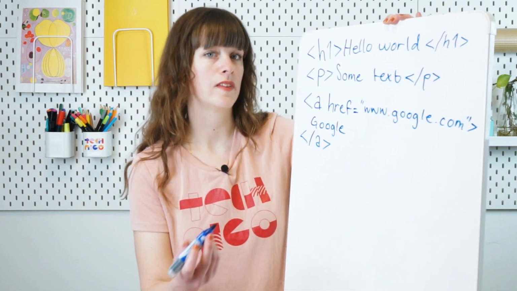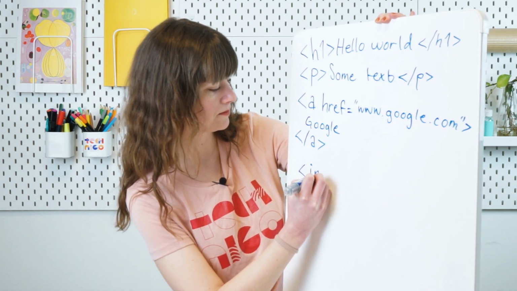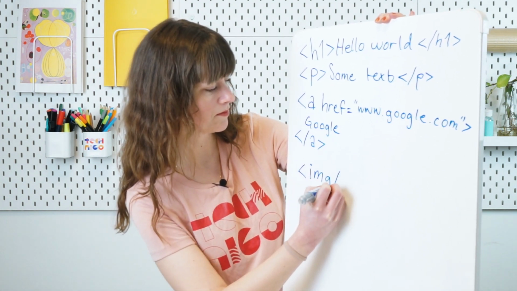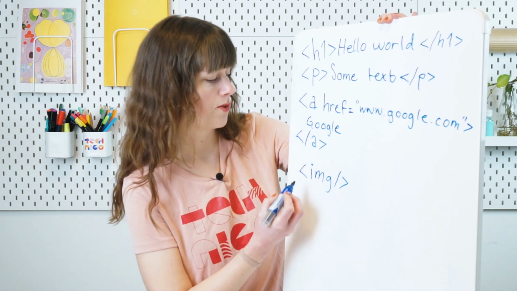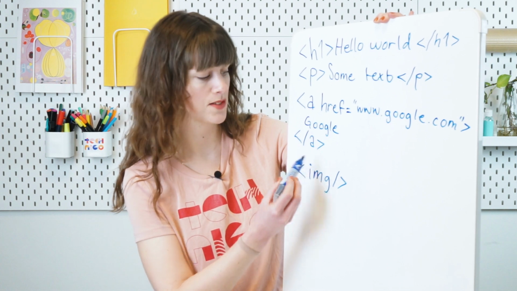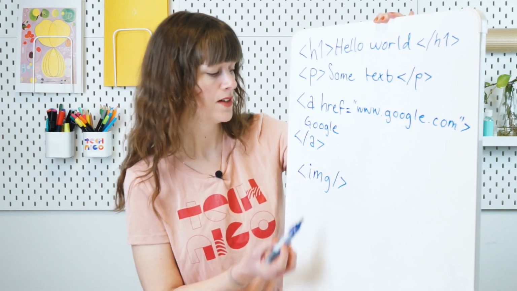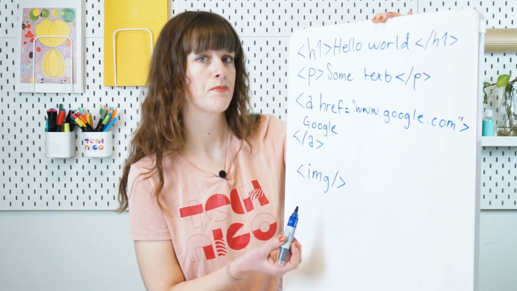And a self-closing tag looks like this. So it doesn't have an opening tag and a closing tag. It just has this one tag, which is closing with the slash at the end. So this is a self-closing tag.